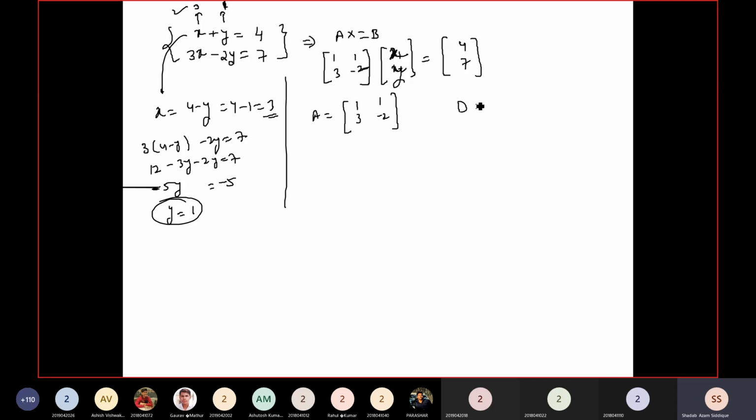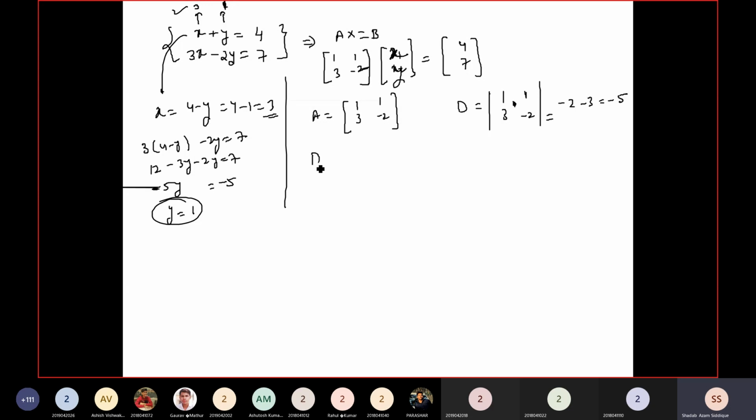So d is the determinant of this matrix. What should the determinant be? 1 times minus 2 is minus 2, and this will be minus 3. So the determinant is minus 5. Am I right? Okay, so this is the determinant.